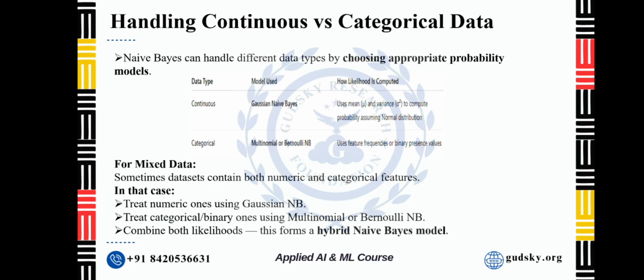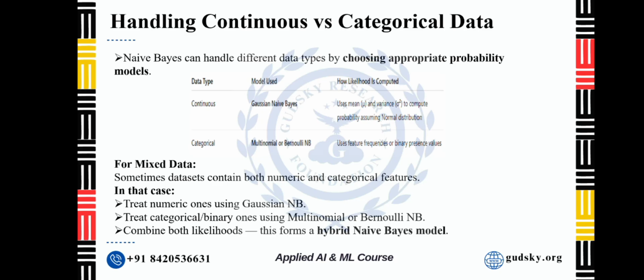For example, P of age given disease equals Gaussian likelihood, P of cough given disease equals Bernoulli likelihood. Then we multiply both probabilities to compute the overall posterior. So naive Bayes can easily handle datasets that are purely numerical, purely categorical, or a mix of both. That adaptability makes it a fantastic starting model in many applied ML projects.